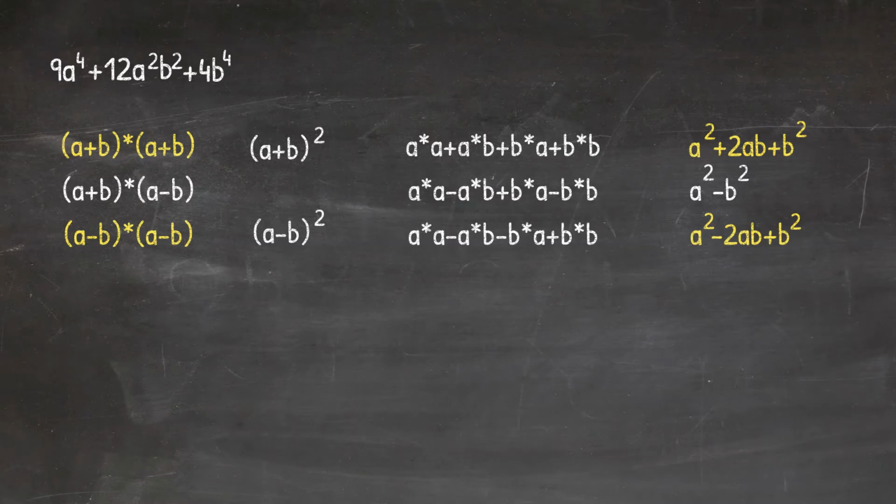The second and third cases both have a minus featured. In the first case, it's minus b squared. In the second case, it's minus 2ab. So we are probably best served to focus on the first case for now.